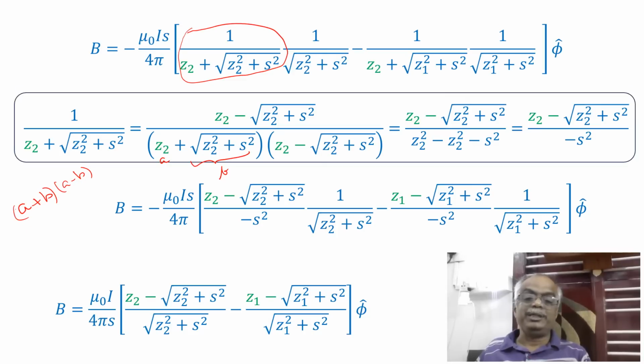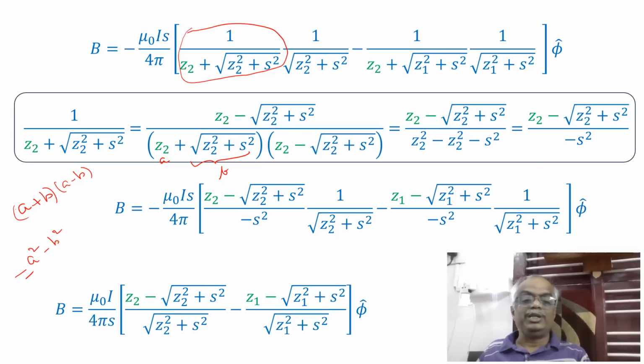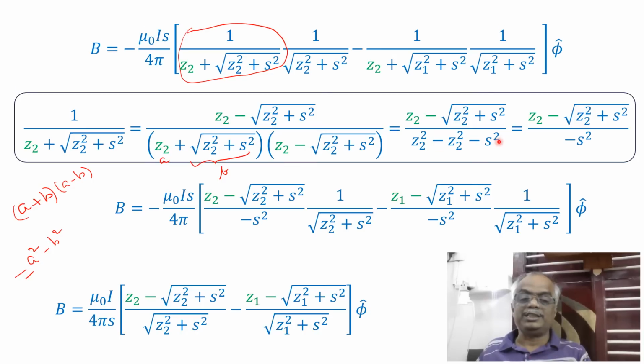So a plus b times a minus b is equal to a squared minus b squared. You know, it's a well-known formula. So a squared means z2 squared, minus b squared, where b squared is this term. So the square root will get removed. This will become minus z2 squared, then minus of minus, minus s squared.